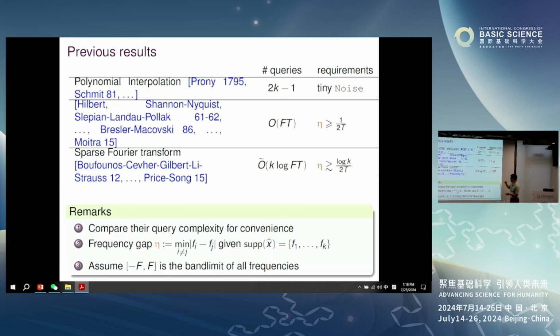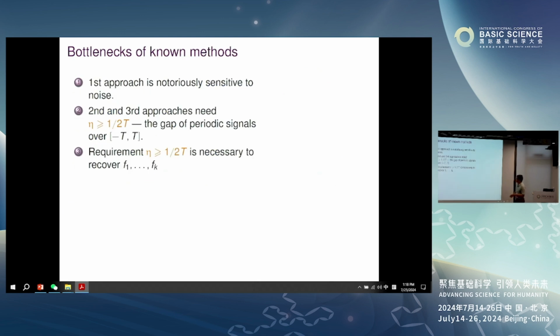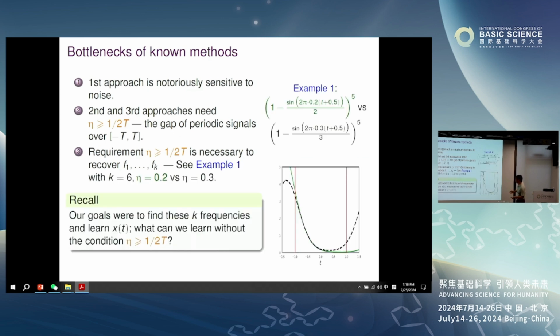But if we take a step back, we can see that all these methods have some drawbacks. The first method requires the noise to be very, very tiny. The other two require a frequency gap. And in fact, the frequency gap is also necessary if we want to recover these frequencies. Here is a very simple example. I have two signals in green and black.